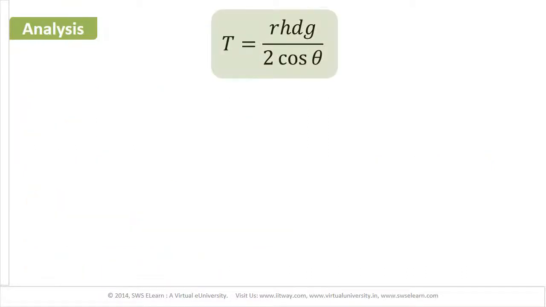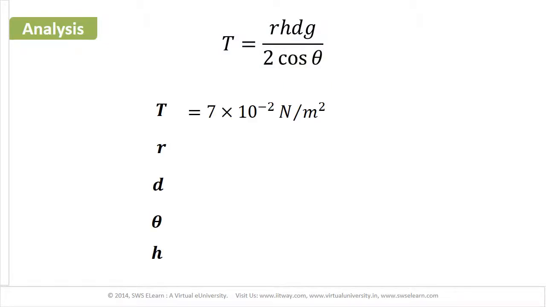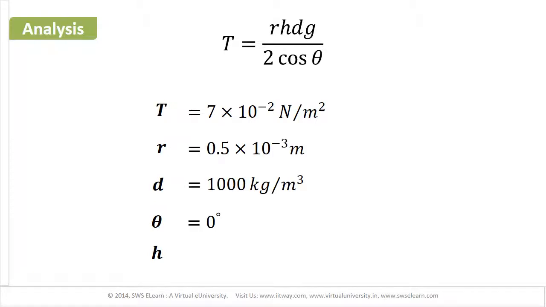In this equation, there are in all 5 parameters. Therefore, if values of any 4 parameters are given, the value of the 5th parameter can be found out by solving the equation. In this problem, the values of R and capital T are given.